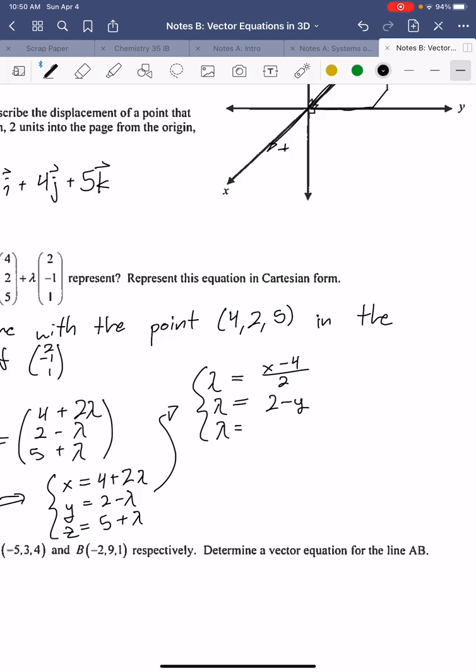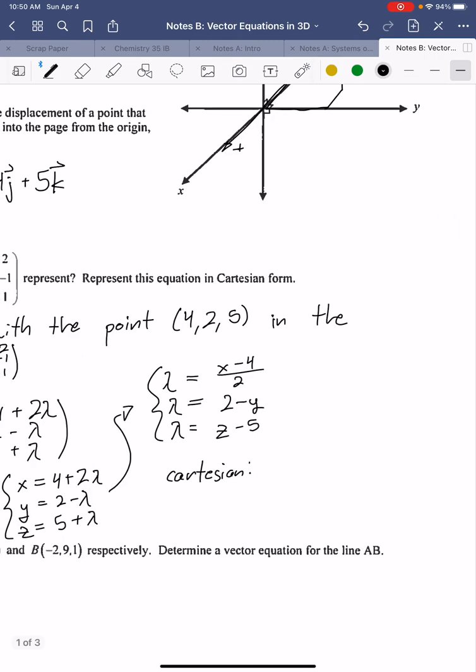And lambda at the bottom equals z minus 5. So Cartesian form is going to be x minus 4 over 2 equals 2 minus y equals z minus 5. That's how you do it. That's how you represent the Cartesian.